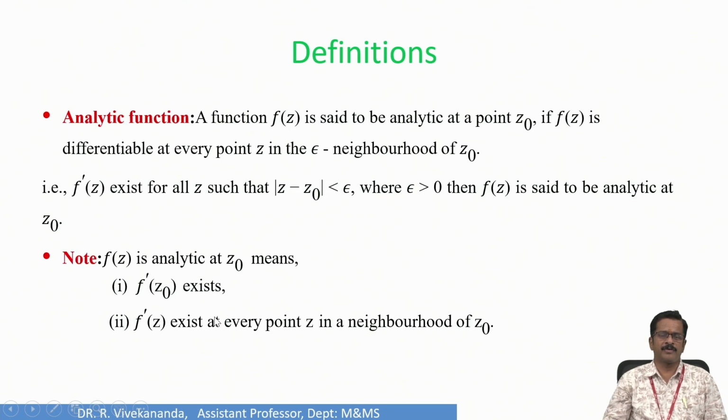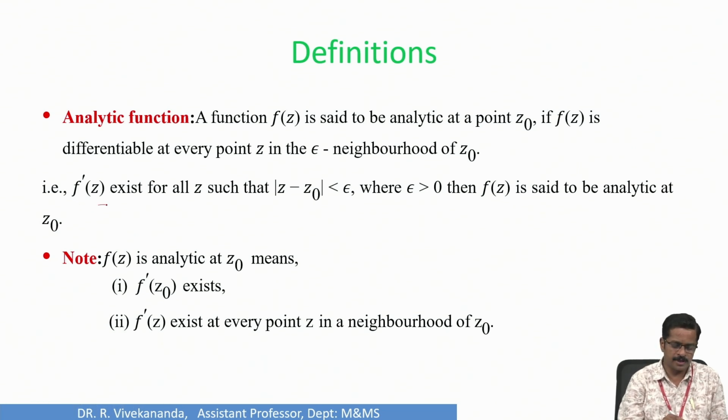Okay. Next, analytic function. A function f of z is said to be analytic at a point z0 if f of z is differentiable at every point in the neighborhood of z0. That is, f dash of z0 exists for all z in the neighborhood of z0.